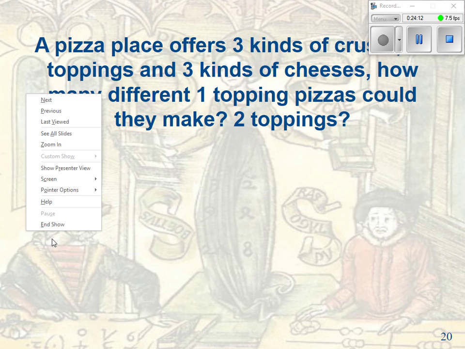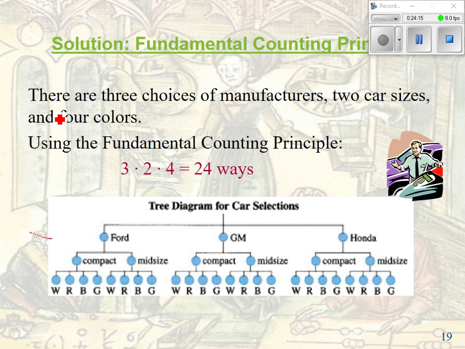Now, sometimes with the tree diagram, if you're actually looking for the probability like we just were, we know that there's 24 possible outcomes, but if we made the tree diagram, then we could see Ford compact white, GM compact white, and Honda compact white.